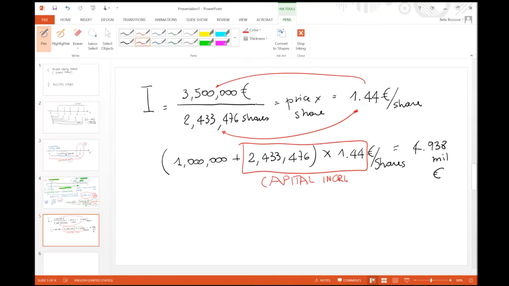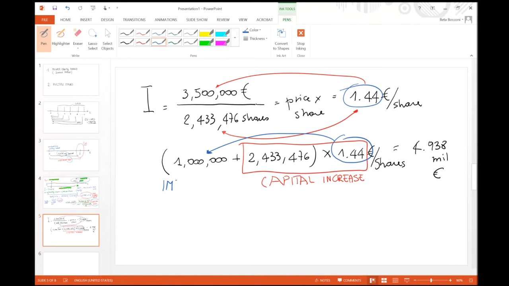While instead, and this is the intriguing story, the implicit value that, since we have valued the company 1.44 euro per share today, that we can assign to the equity stake of the founders is 1 million times 1.44.